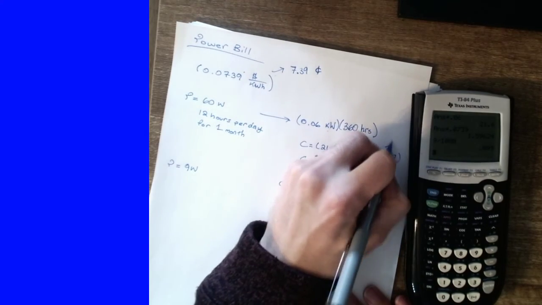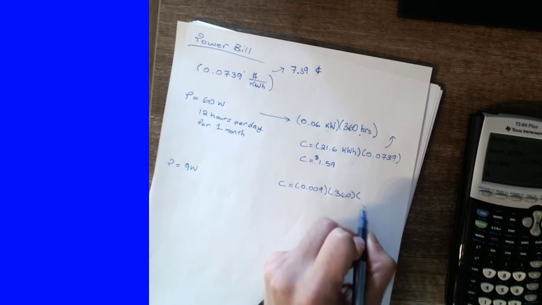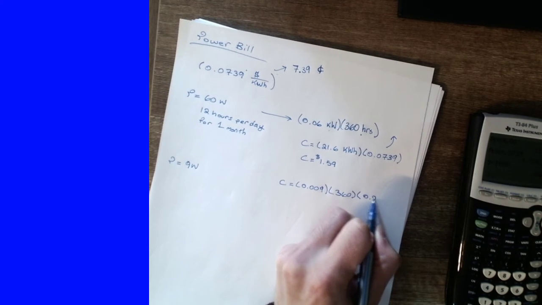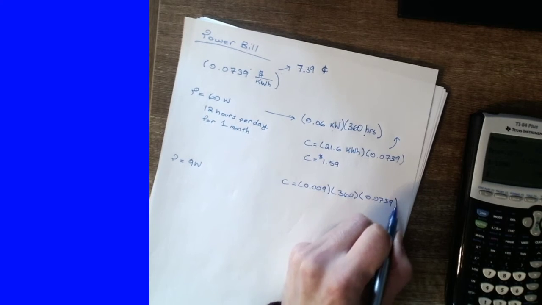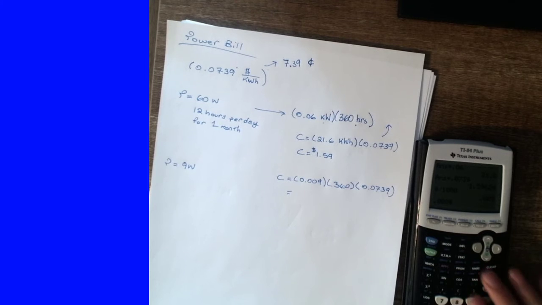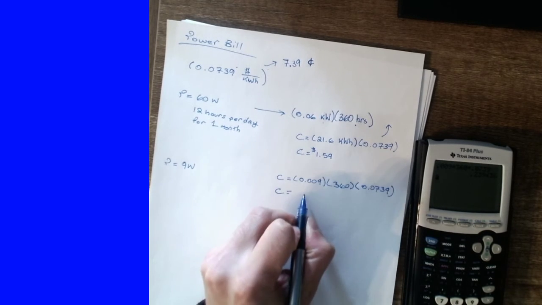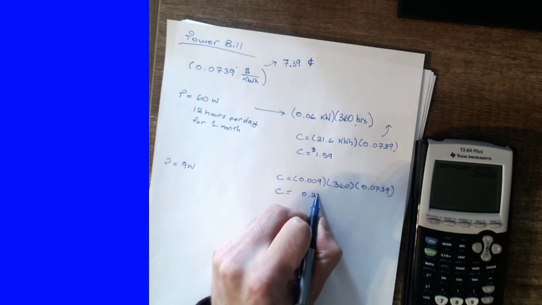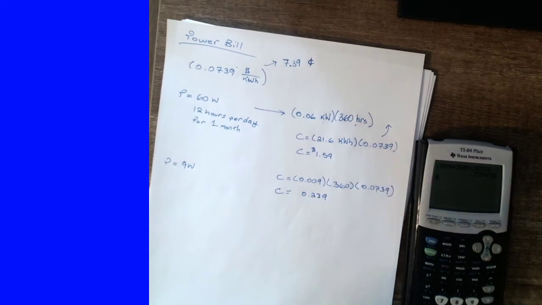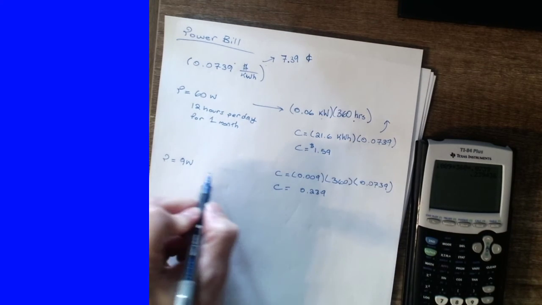And again, this was always here, I just didn't write it. You also multiply by the cost per kilowatt hour. So 0.0739. After I multiply all those things together, 0.009 times 360 times 0.0739, you get that the cost is 0.239, or roughly 24 cents to run that LED light bulb.